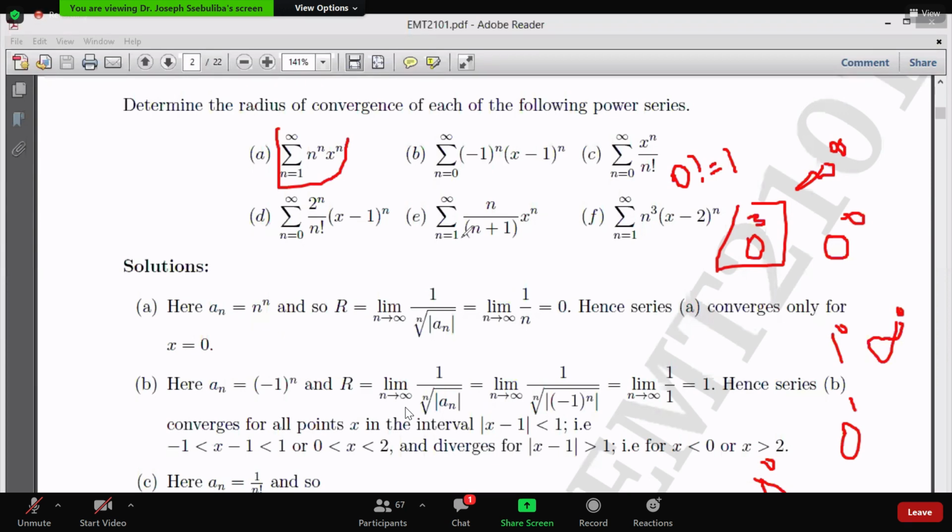Think of it this way: when you say 0 to the power 3, it's like you're saying it is the same as 3 to the power 0.